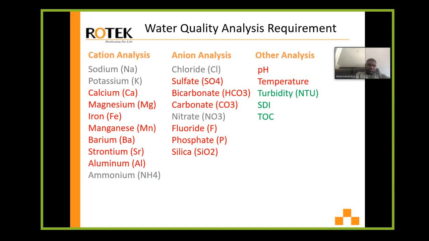Okay, anything that is missing from here, it's okay, because a lot of time people don't have this full analysis. But then we have to warn the customer in advance that this is missing. If the membrane is fouled because of this, this will not be your problem.